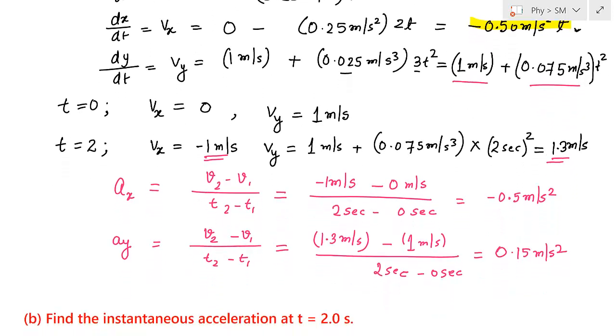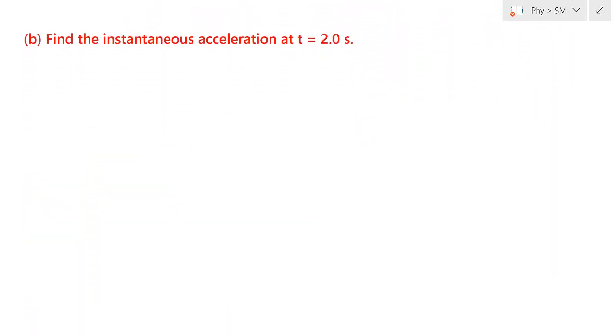Now next we will discuss how we can calculate instantaneous acceleration. So we have to calculate instantaneous acceleration at t equals 2 seconds. So what is instantaneous acceleration? If you remember, let us say the x component of instantaneous acceleration, this is nothing but a limiting case when delta t tends to 0 of delta v divided by delta t.